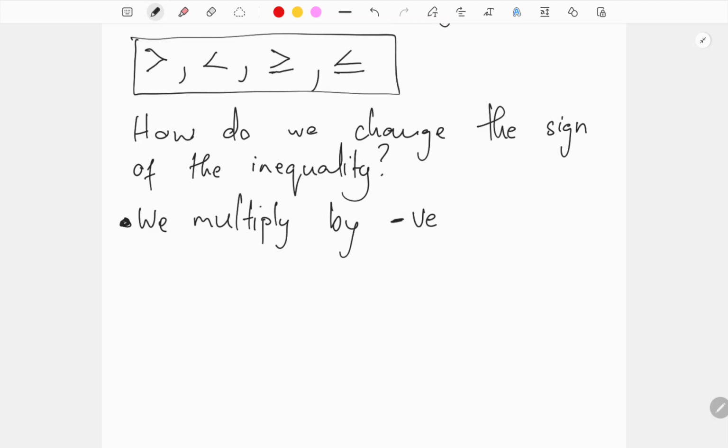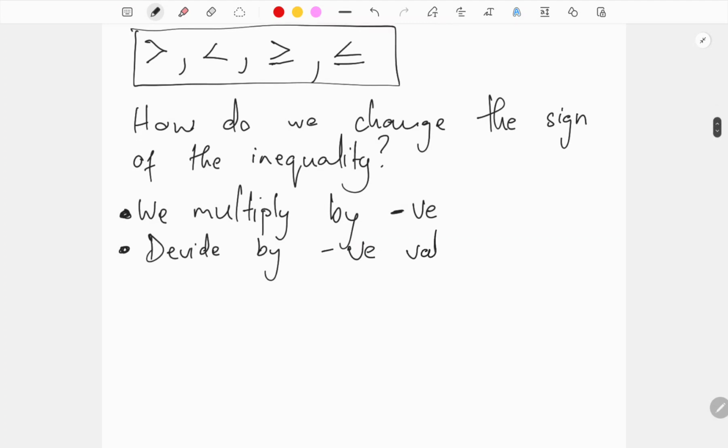That's one. Two, if we divide by a negative value, the inequality sign changes. If before it was facing on the right, it was greater than, therefore it's gonna be less than. If it was less than, therefore it's gonna be greater than, vice versa.